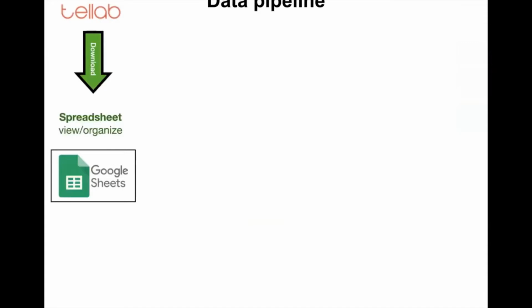So if we think of a simple data pipeline that a relatively novice student could use, we have TELLab, we download the data from TELLab, we get it into a spreadsheet, Google Sheets or Microsoft Excel. Then ideally, the simplest thing would probably be to copy paste directly out of the spreadsheet into some sort of app that would do something good.